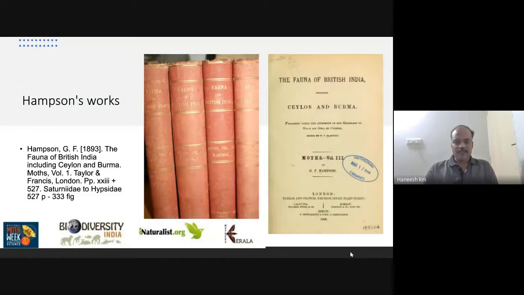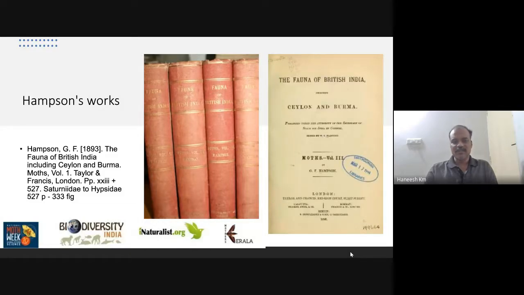Another big name there is Hampson. You can see this big volume of Hampson's works. He was again a curator, and his work is not only limited to Lepidoptera.